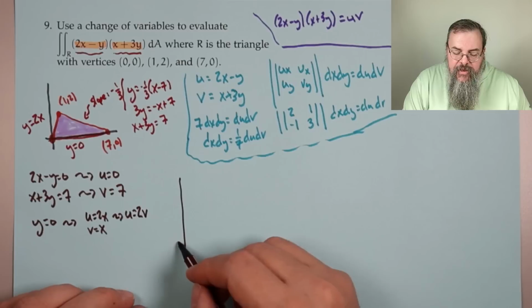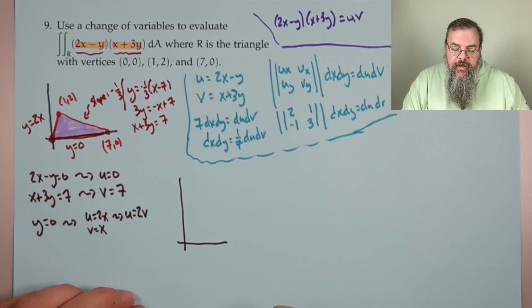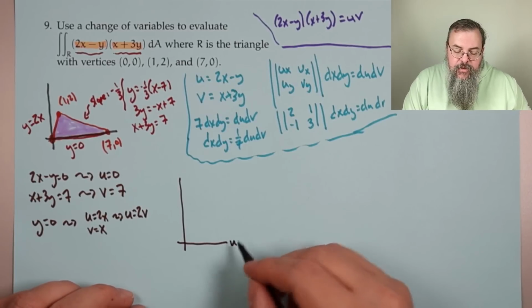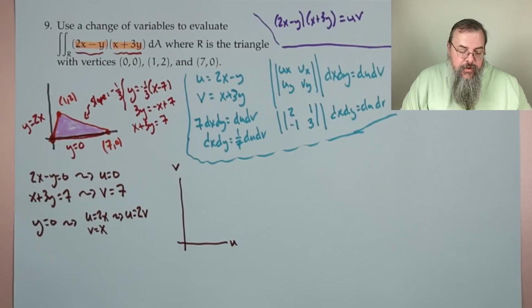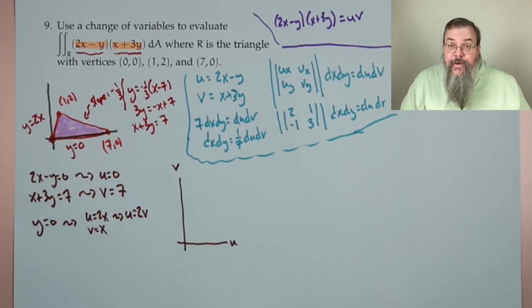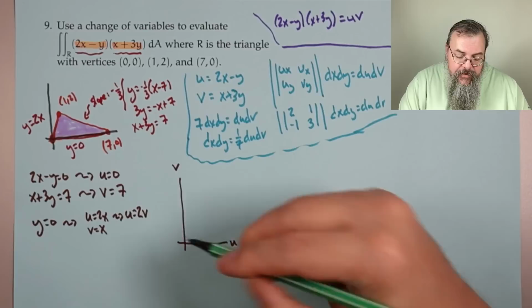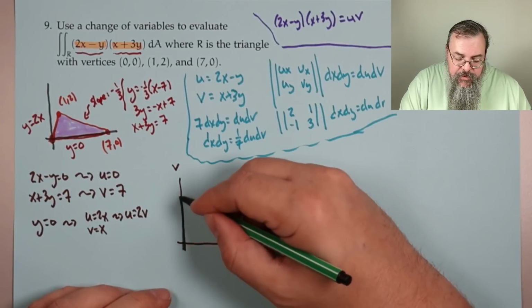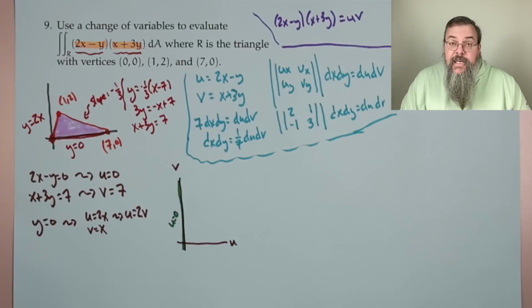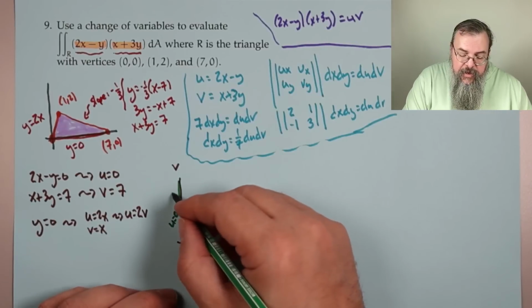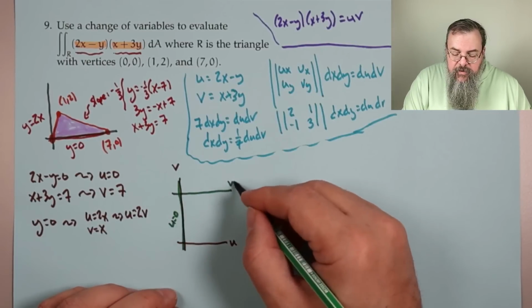So let's see if we can now sketch our region. If we're in the u-v plane, what do we have? We have u equals 0. That's this curve, u equals 0. Then we have v equals 7. That's up here, v equals 7.